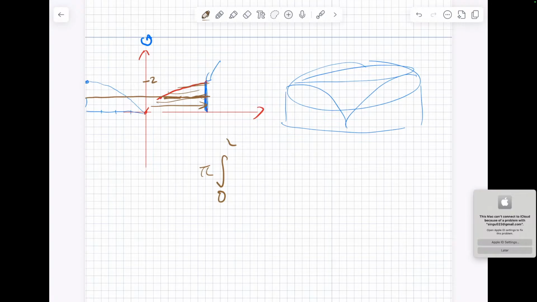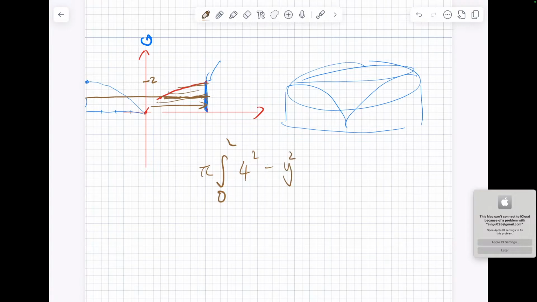Now what's the big R? Big R is not y squared. Big R is 4, or 4 minus 2x, or y squared. 4 squared minus what? Y squared, minus what?